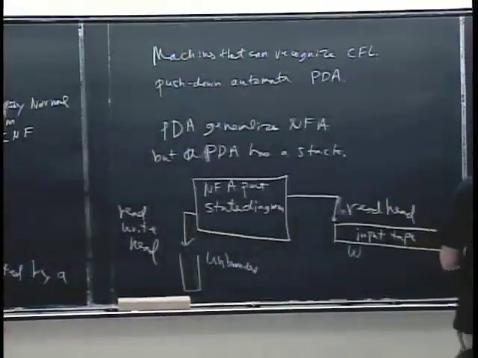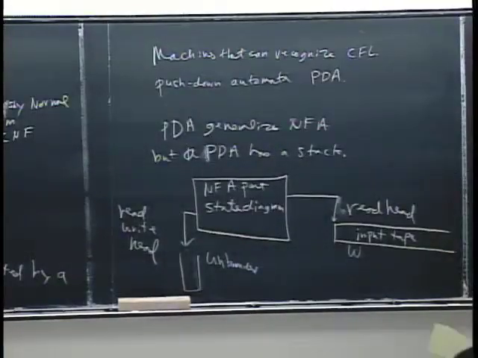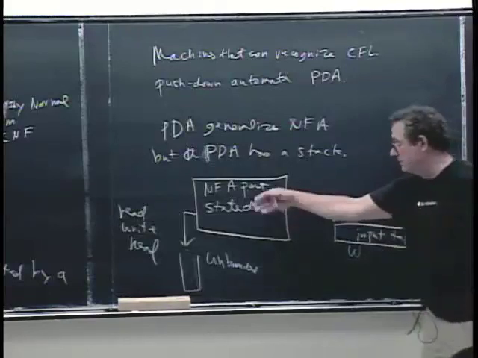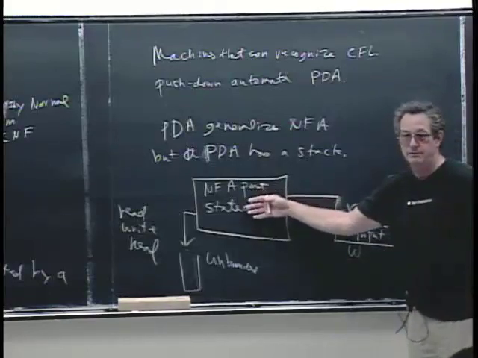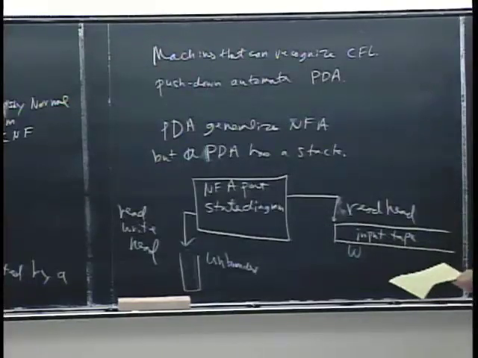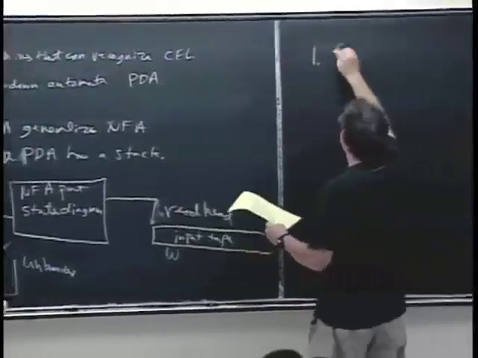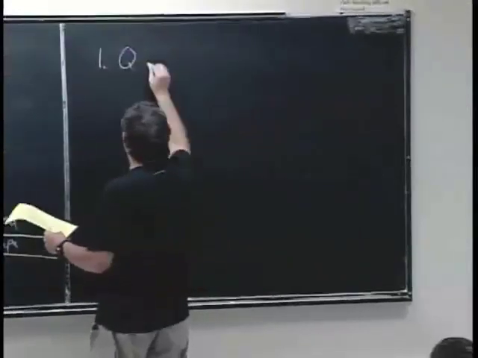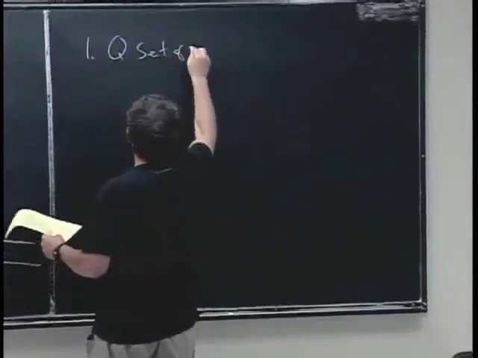Okay, now let me tell you a lot more about the rules of how a PDA operates. So a PDA has components, and these are very similar kind of concepts to what we've been doing.